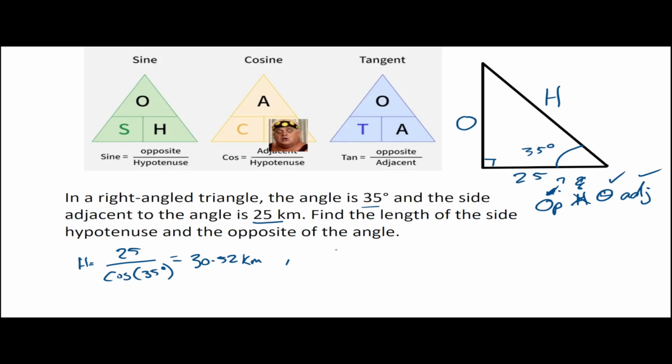So we're looking for the opposite side, so we're going to put Dusty up here. He's not moving. Come on. Here he goes. So the opposite side is tan of 35, times the adjacent, which is 25.